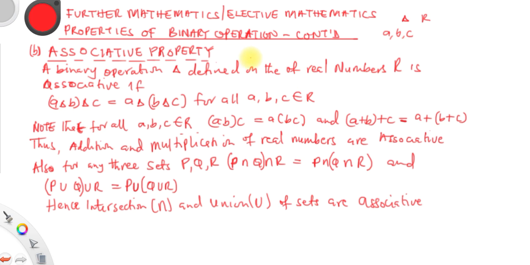You have to get it quickly: with the commutative property we take only two elements, but with the associative property we take three elements.